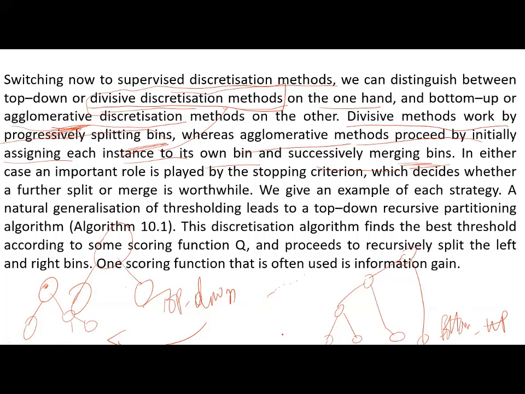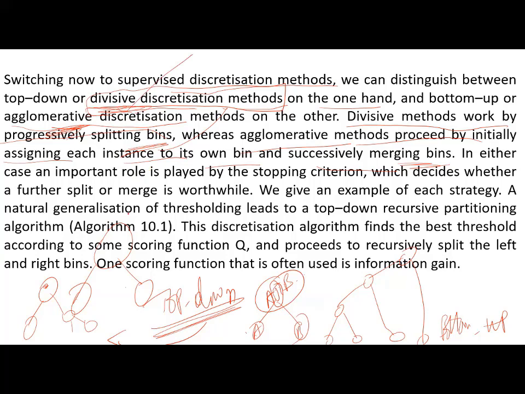For example, if there is a tree and you want to divide these two, we put here Z and we write here A and we write here B. In the same way, this is called splitting. This is called the top-down approach, and it is called divisive discretization method.